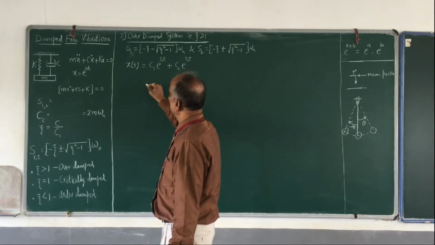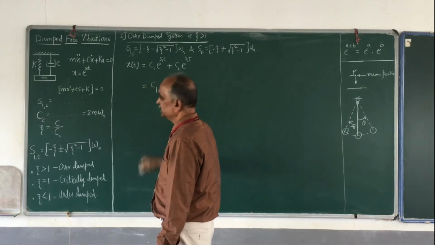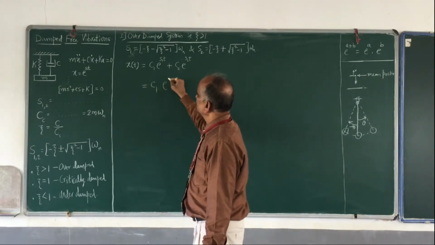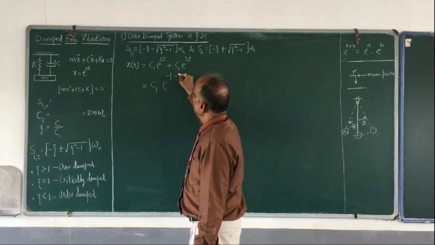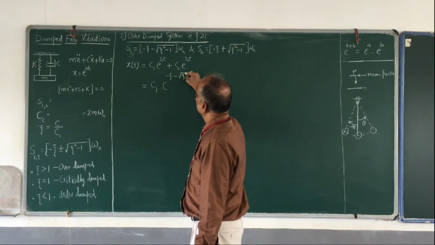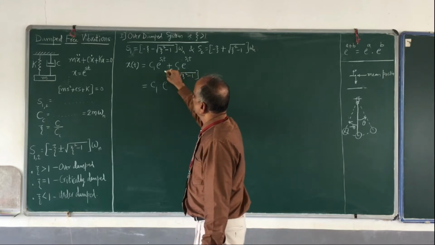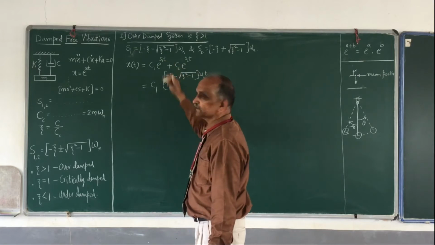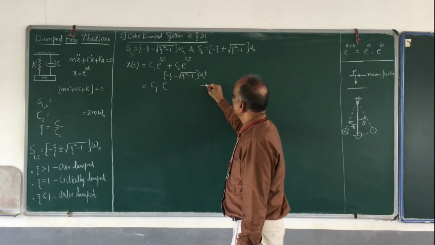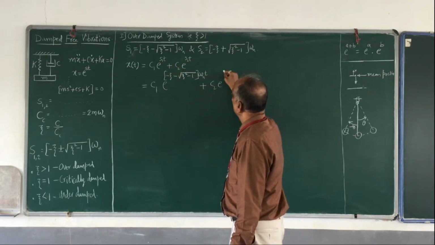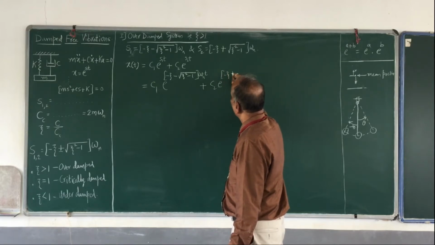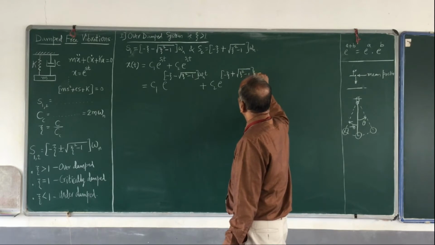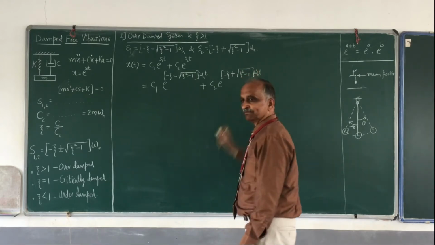Let me substitute now. C1 as it is. What is e raised to S1t? That is e raised to minus zeta minus root of zeta square minus 1, into omega n into t. Similarly, plus C2 into e raised to minus zeta plus root of zeta square minus 1, into omega n into t.